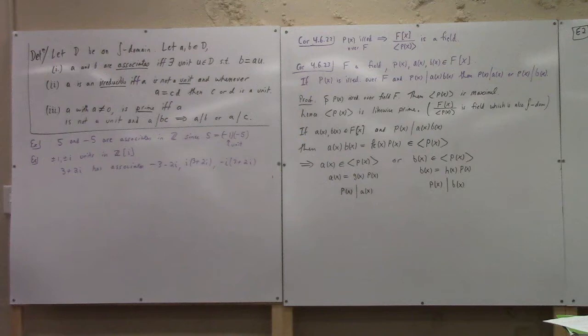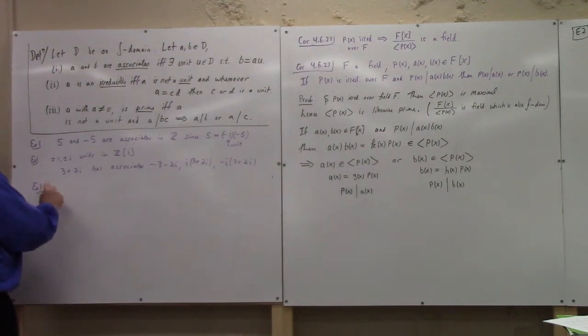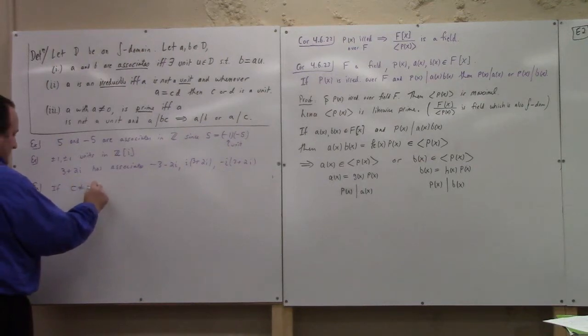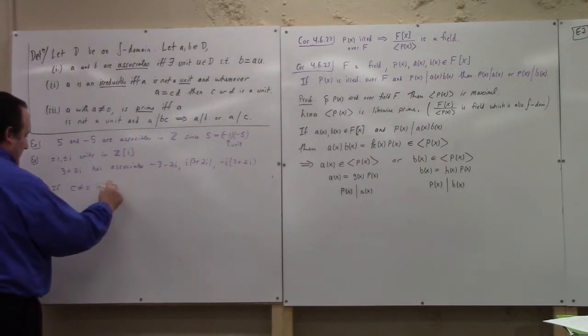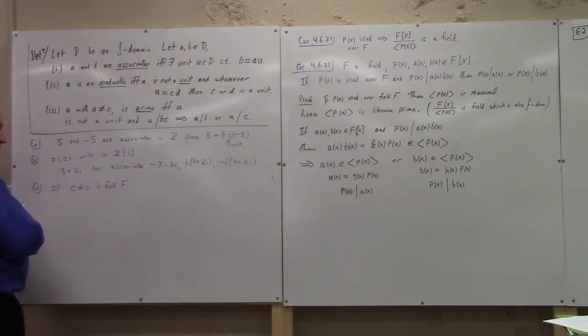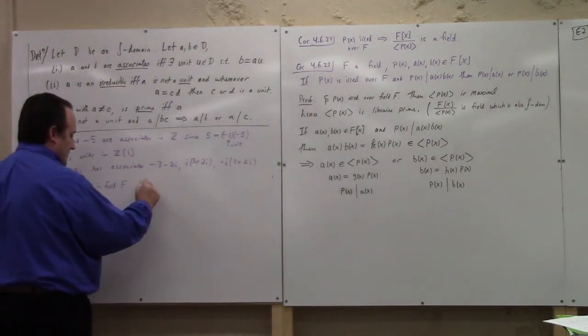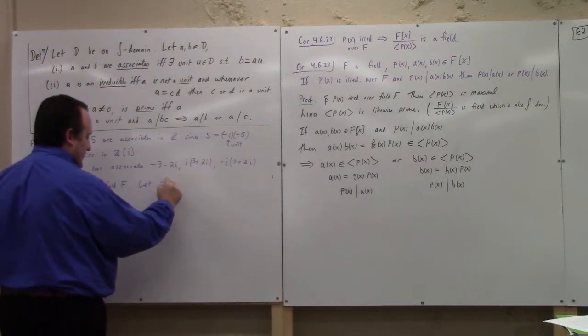So the more units you have in your ring, the more associates you have. How about a field? Think about a field for a second. What are associates in a field? If c not equal to 0 is in a field F, let b be in the field.